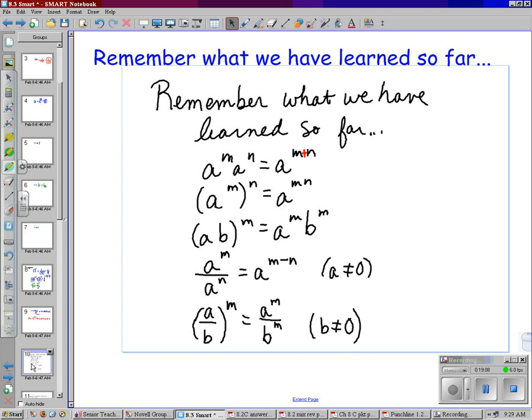We did that with the multiplication step. The other day we learned the division, m minus n, and also taking that inside the parentheses, as Jake wanted me to do with that -2. And all of these, the denominators cannot be 0. This is everything we've learned so far.